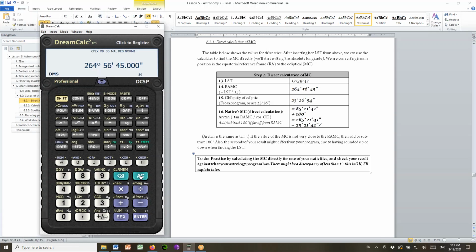So let's clear this out. And in step 16, here is the equation to do that. Now, on some calculators, you have to type in the numbers first, and then you press the trigonometric function. In this calculator, you can do it all directly, and you can even enter in the parentheses.